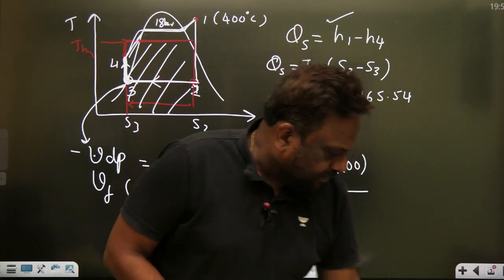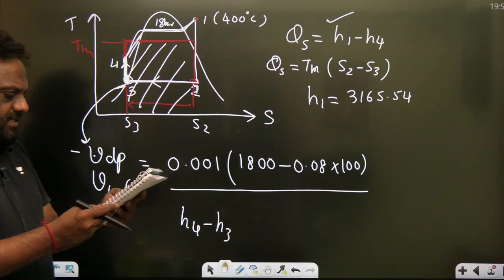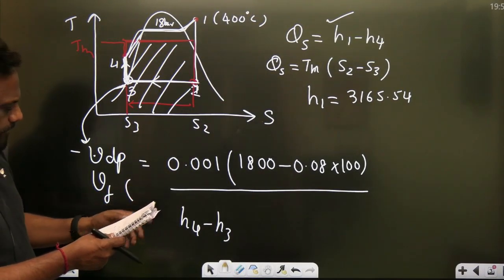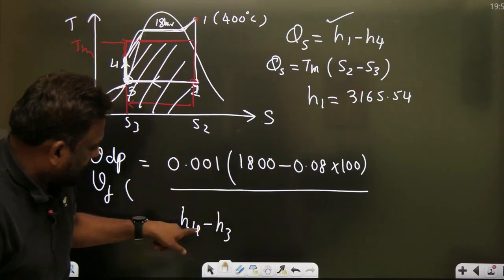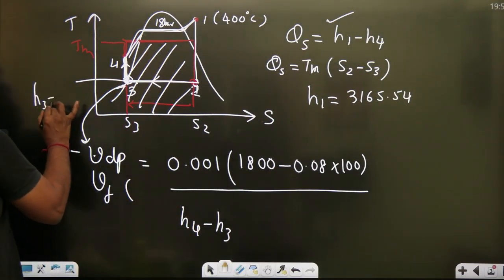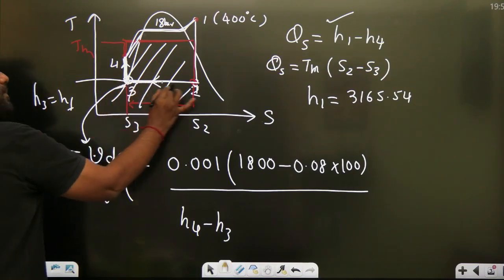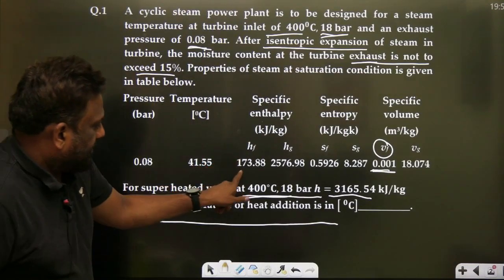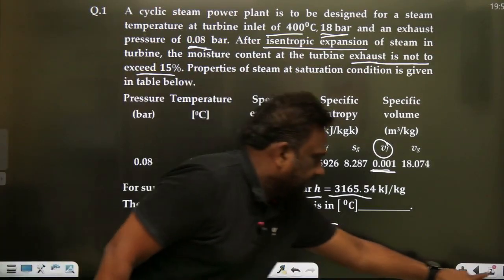Let me see, I have calculated these values. Let me check. Yes, sir. And the pump work is, I have calculated this. And this pump work, equate this to this. Already H3 is known. What is H3? H3 is equal to HF at lower pressure, that is 173.88.